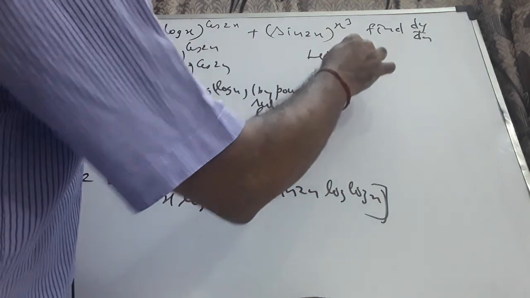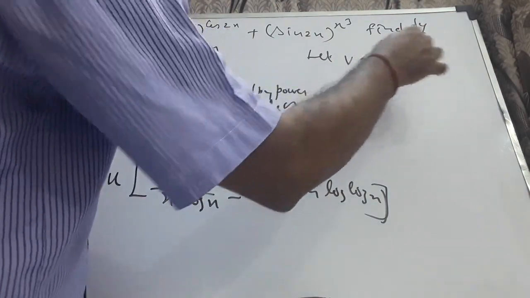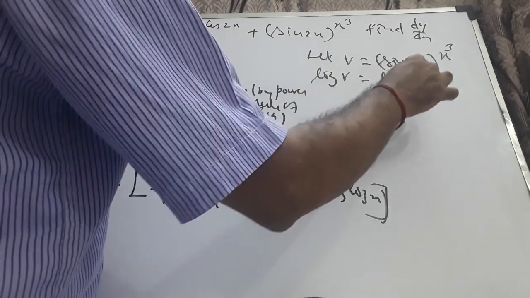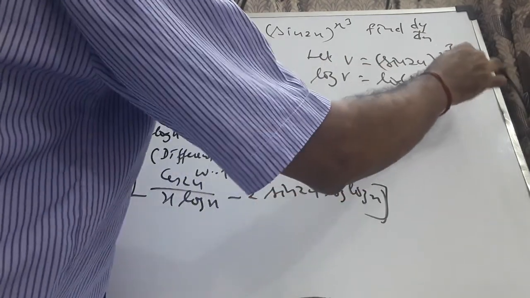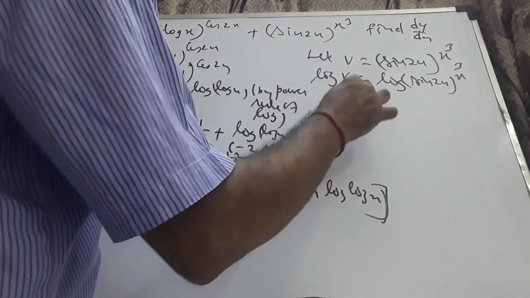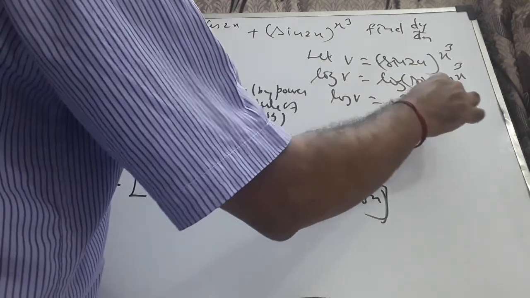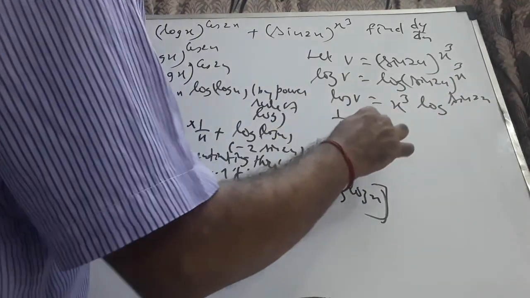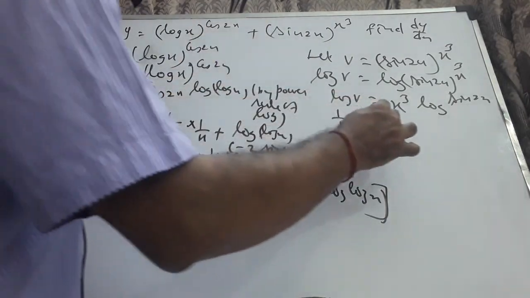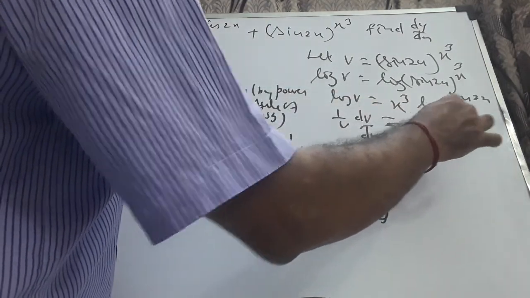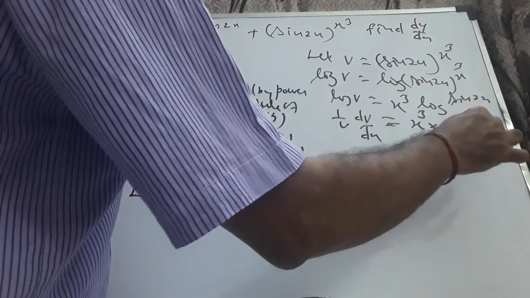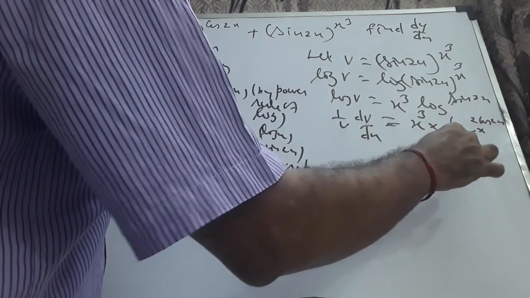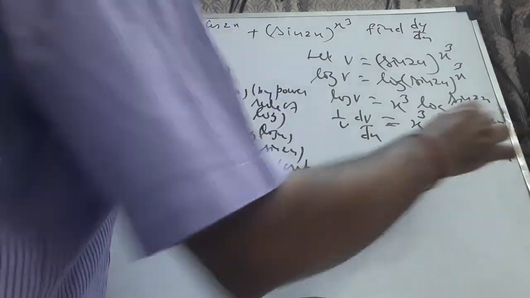Okay, then let v is equal to sin 2x raised to x cube. Then log v will be log sin 2x raised to x cube. Therefore, log v will be x cube into log sin 2x. Now 1 by v dv by dx, differentiating with respect to x, this will be x cube by 1 by sin 2x into 2 cos 2x plus log sin 2x into 3x square.